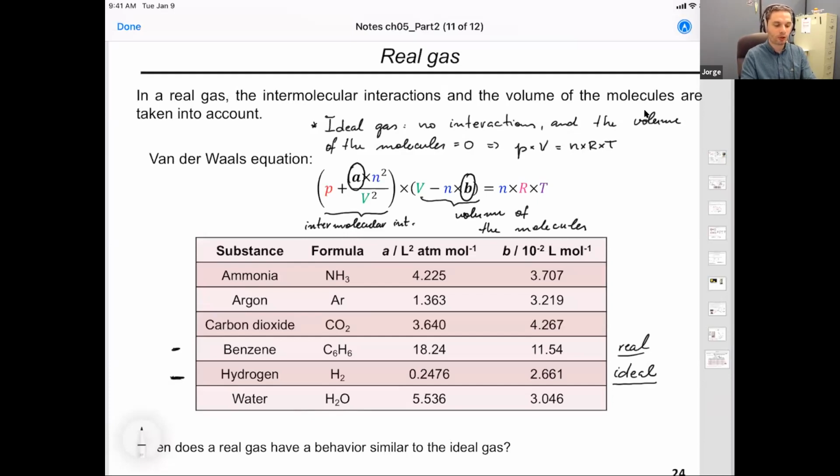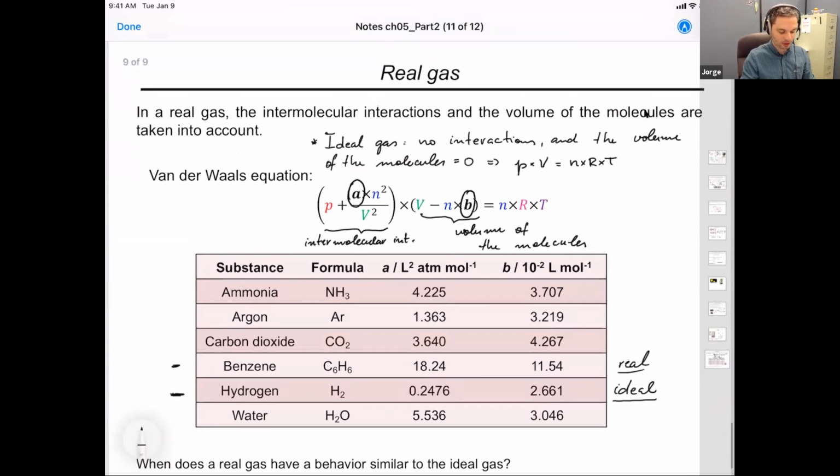So we are going to face some cases where we want to compare using the ideal gas equation and the real gas equation, and then decide if the behavior is similar or different based on the conditions. And that's the idea of using the real gas equation. It's just to compare if the behavior is similar or far from the ideal gas one.